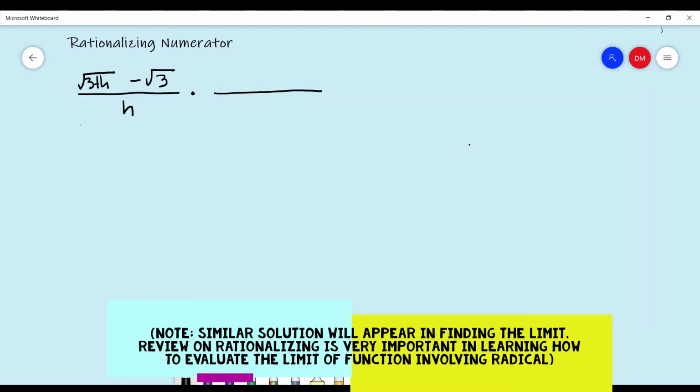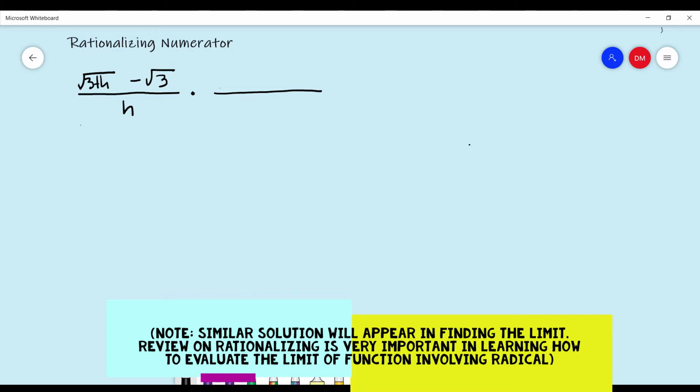Let us now discuss rationalizing the numerator. This part is very important because it will help us to easily understand how to find the limit of a function involving radical.